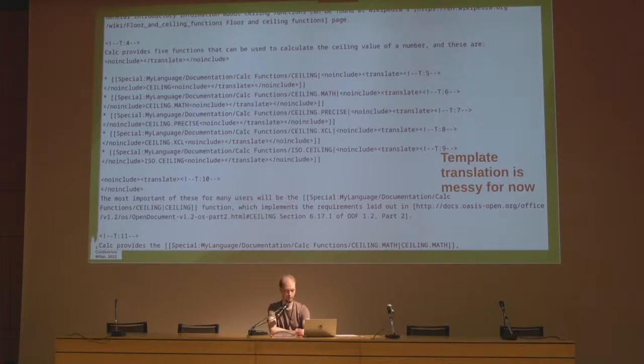And this is of course confusing when seen in the translation interface. I'll keep my fingers crossed that there will be a nice solution to this in the future. While writing this presentation, I subscribed to a Wikimedia task called Structured Localization Framework for Templates, which sounds promising.